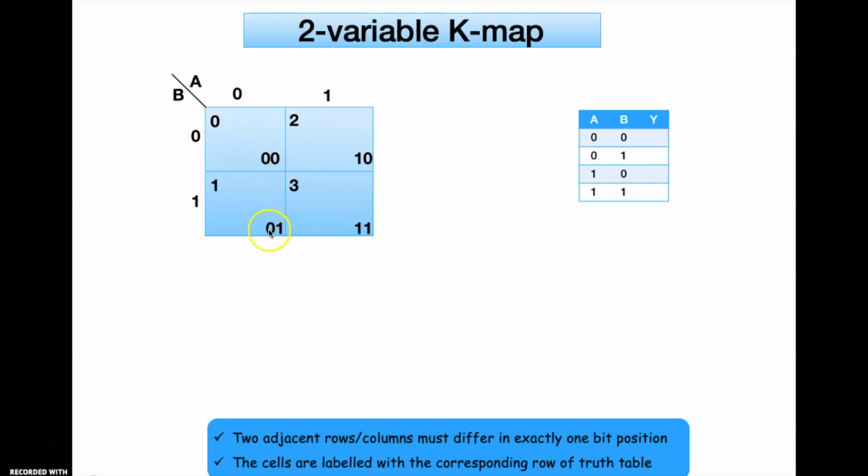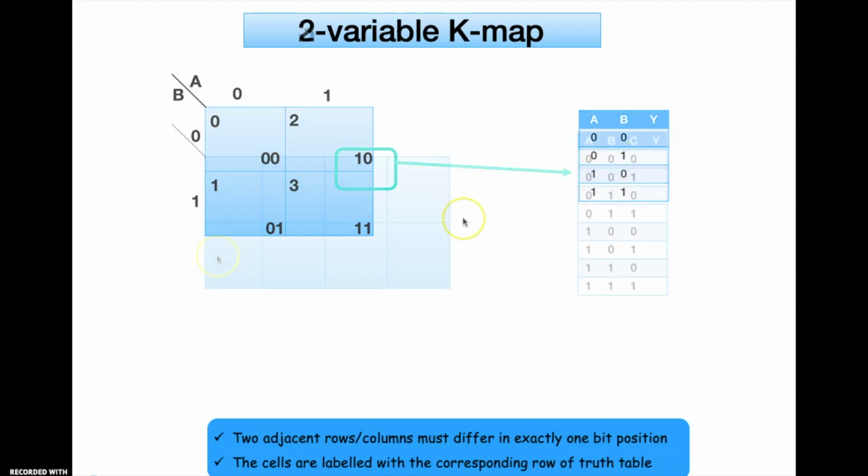This cell can be labeled as 0, 1 or 1. This is 1, 0 or 2. This is 1, 1 or 3. If we compare with the truth table, we can see that each cell is labeled with the corresponding row of the truth table. For example, this cell 1, 0 is labeled with the corresponding row 1, 0 of this truth table.